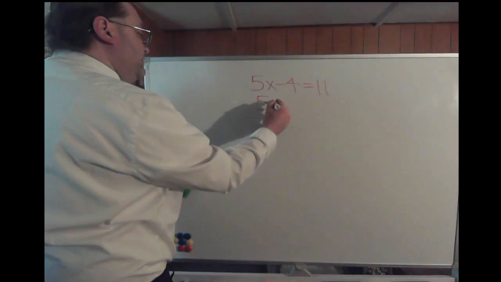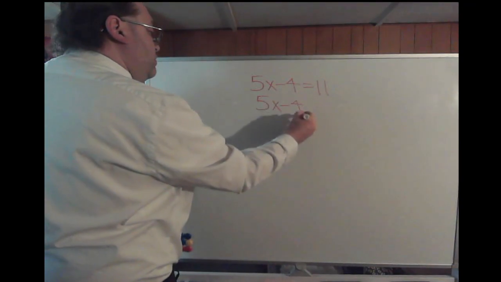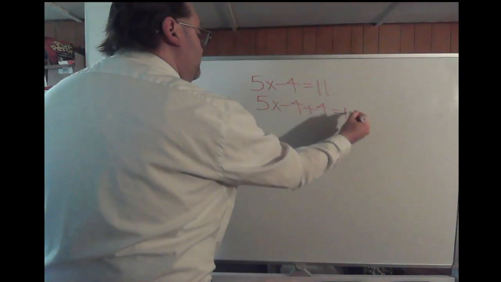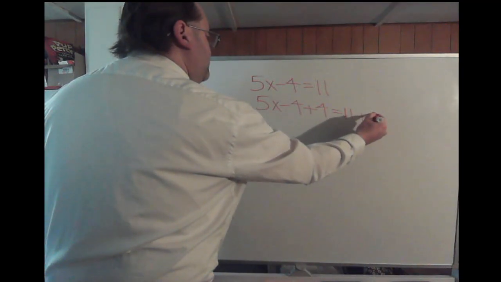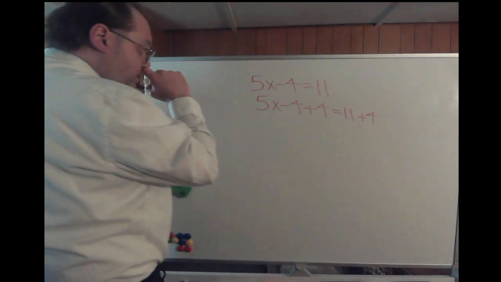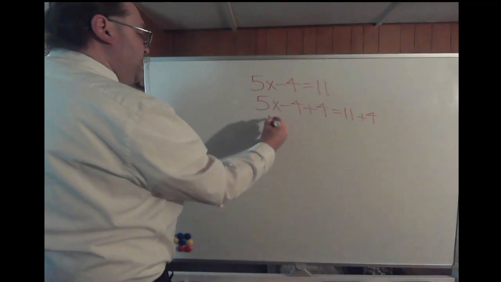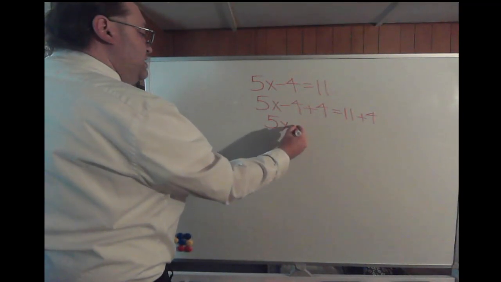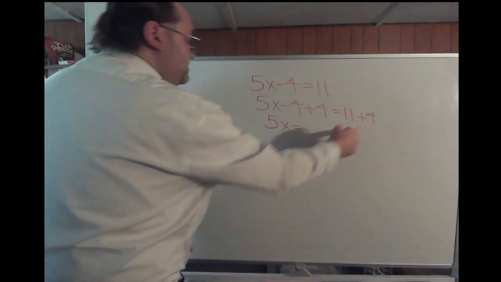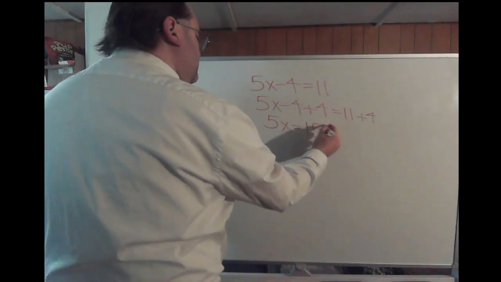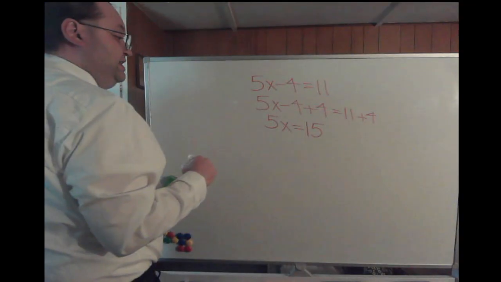So you'll have 5x minus 4 plus 4 is equal to 11 plus 4, because what you do to one side, you got to do to the other. So negative 4 plus 4 is 0. You're just left with 5x by itself. You'll have 5x is equal to, what's 11 plus 4? 15. Alright, so 5x equals 15.